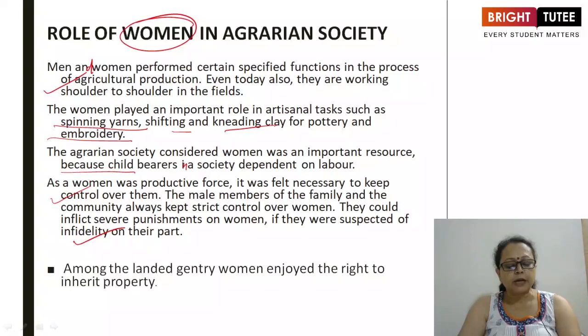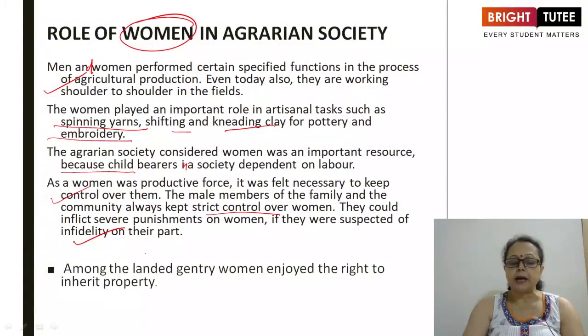As woman was a productive force, it was felt necessary to keep control over them. According to the social customs, the male was the head of the household, and the male members of the family and the community always kept strict control over women, and they could inflict severe punishments if they were suspected of infidelity on their part.